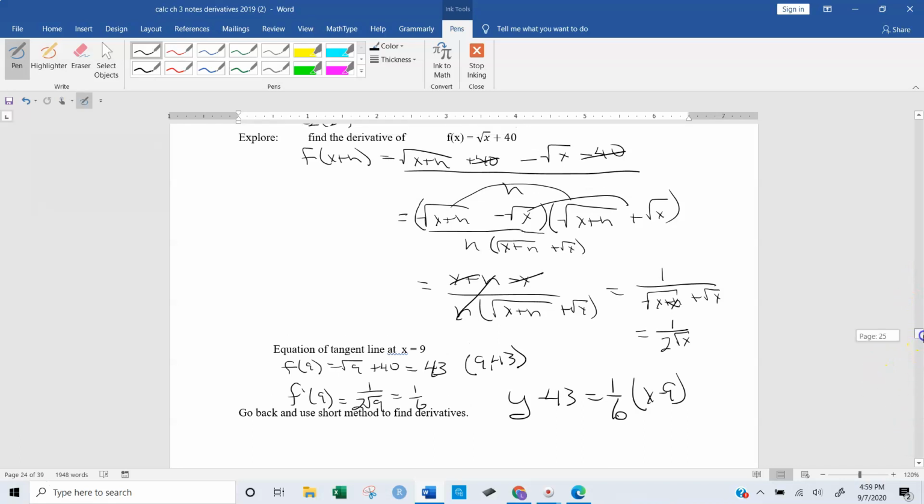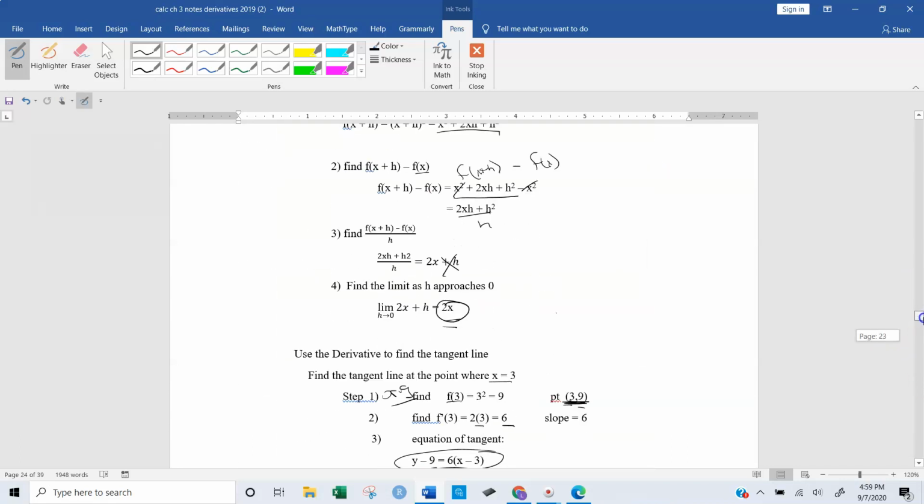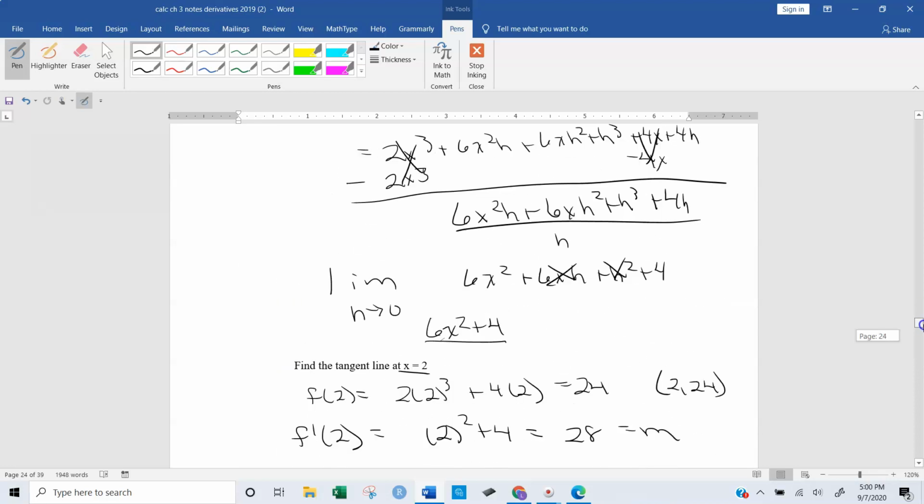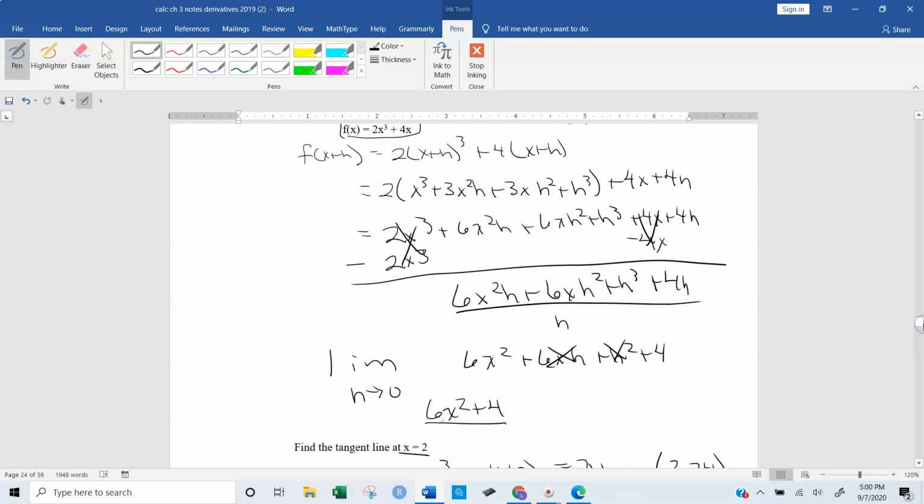All right, I'm hoping you're noticing something here as you're going through. There's a shortcut to derivatives, and let me show you. If you look at 6x squared plus 4, how could I use this to get to 6x squared plus 4? Well, if you take the exponent times the coefficient, you get 6x, and subtract 1 from the exponent.